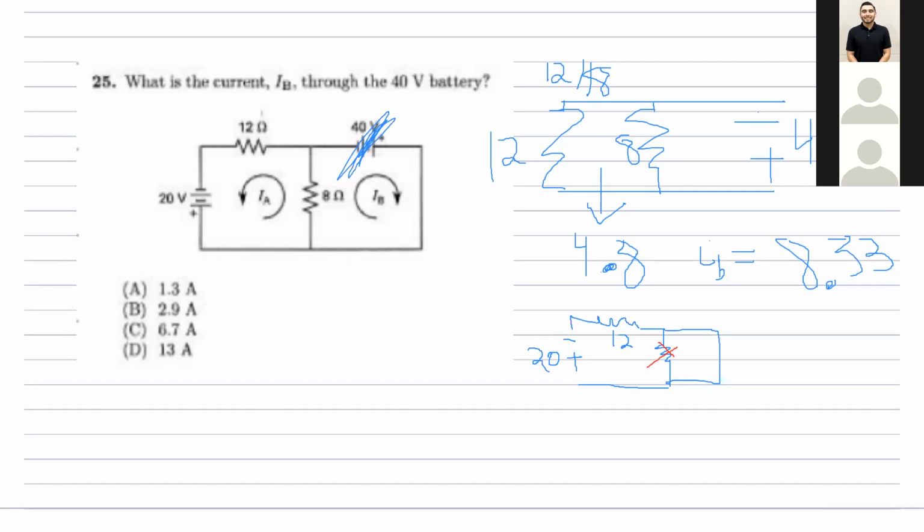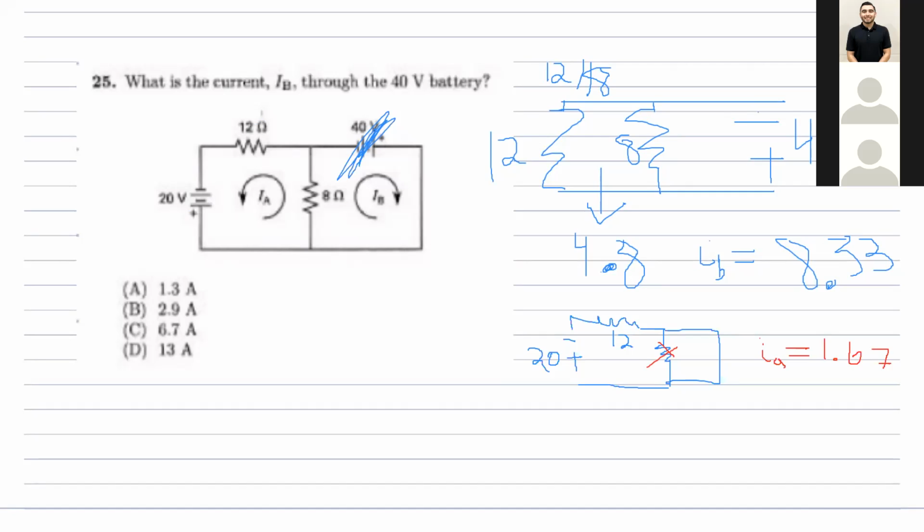So what's the current here? It's just 20 over 12. 20 divided by 12. That's going to be IA equals 1.67. And you just want to find this one right here, right? Going through here.